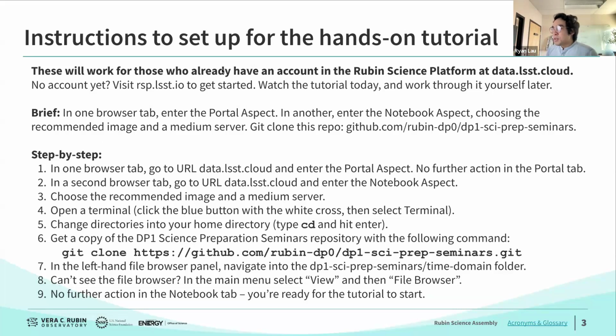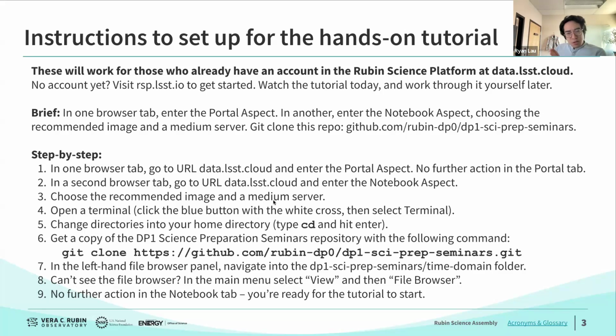But basically, to access the tutorials, in one browser tab you want to load up the RSP and go into the portal aspect. And then in another tab, you want to load the notebook aspect, making sure you choose the recommended image and the medium server. I think that should be good enough. And then you're going to want to git clone the repo that Jeff has posted in the chat. So this one here. This is more detailed information.